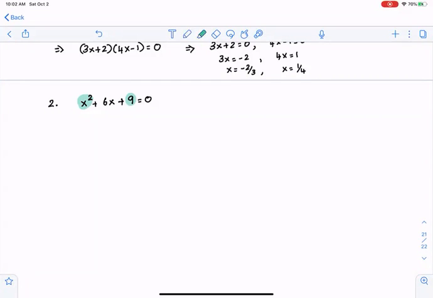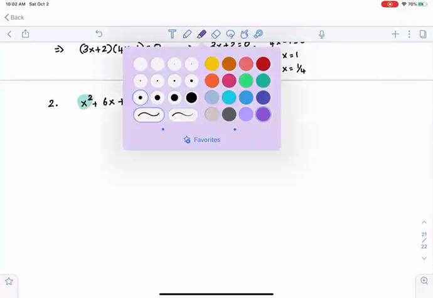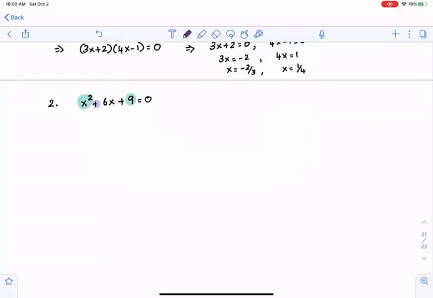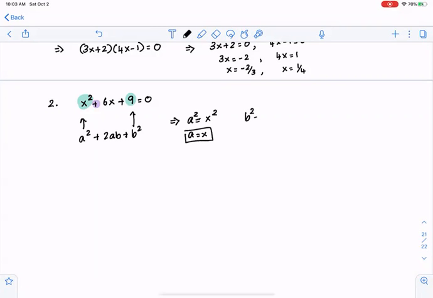So I see a plus sign. So the special product that I must use would be a squared plus 2ab plus b squared. This would imply a squared equals x squared. Therefore, a is equal to x. b squared is equal to 9.